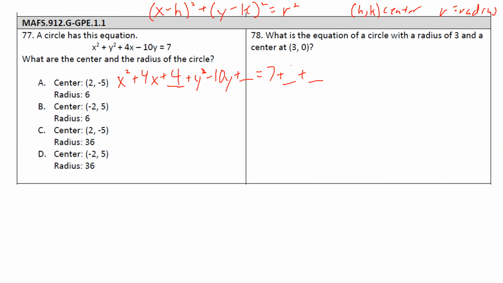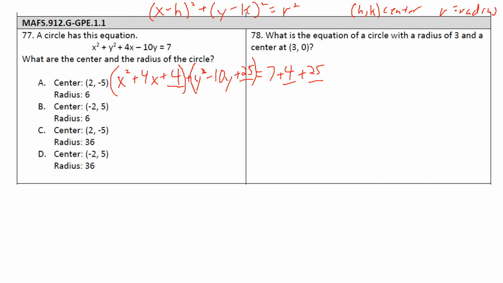So that goes into that first set of blanks on both sides. Now our x values, this is a perfect square trinomial. Do the same thing for the y's. So I have this negative 10. 10 divided by 2 is 5. 5 squared is 25. So 25 goes into my blanks to balance my equation on both sides. And now on this side, these make up a perfect square trinomial for the y's.